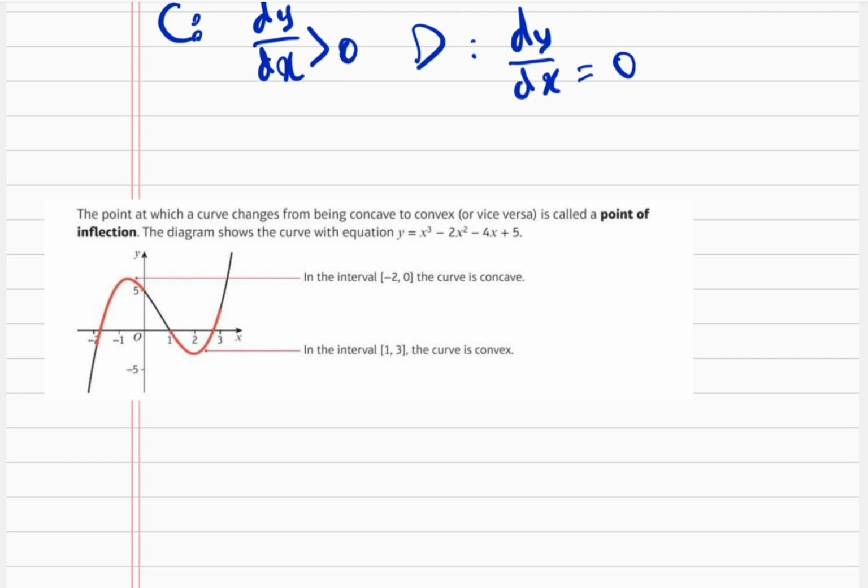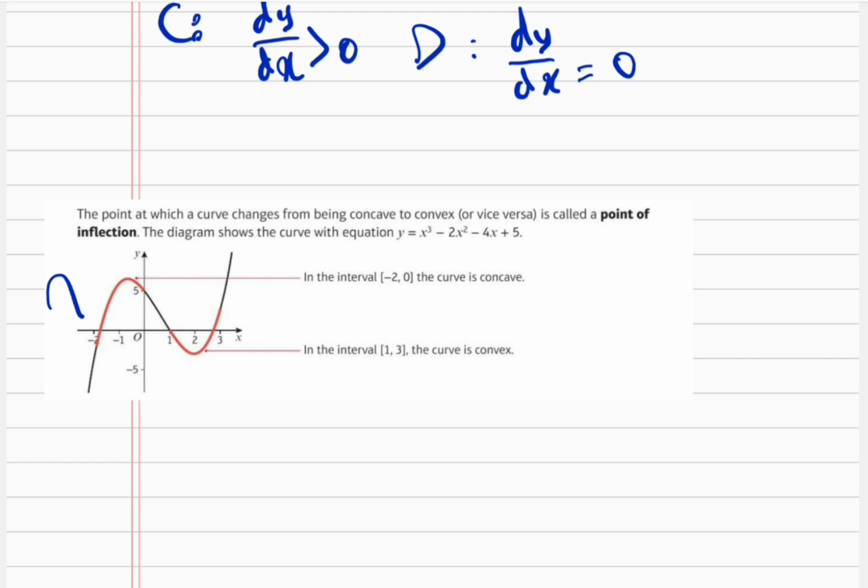I'm talking about the graphical behavior this time, because usually we just talk about the algebraic and analytical behavior, but this time it's about the graph and geometrical behavior. If the curve at a specific interval is concave, then you are going to have this sort of upside down U shape.